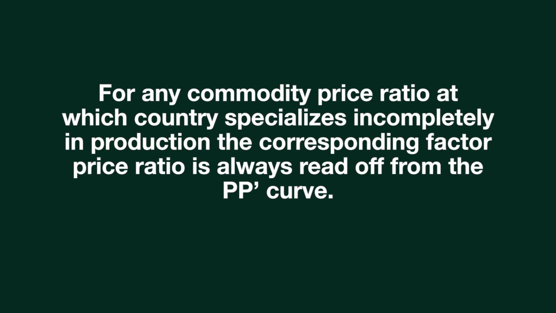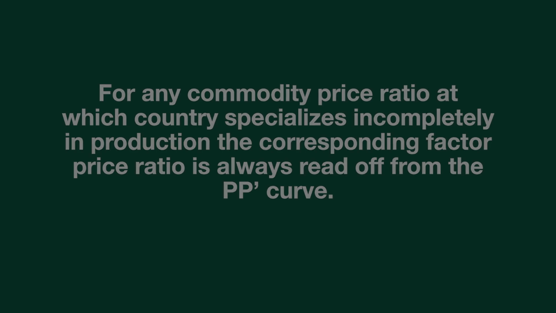From this, we can point out that factor price equalization can take place. But how does it happen? For any commodity, the price ratio at which the country specializes incompletely corresponds to the price ratio that belongs to the PP prime diagram.